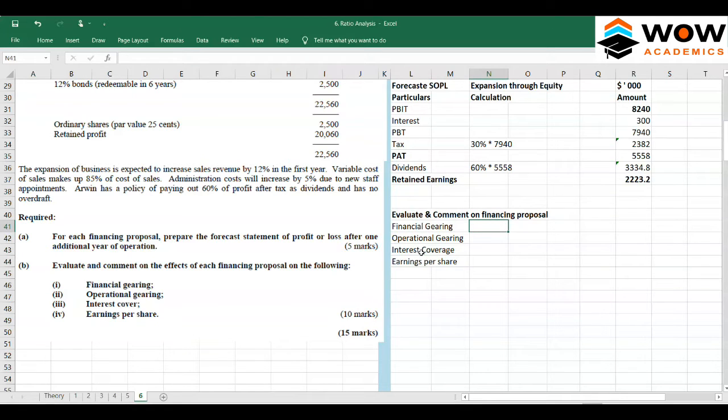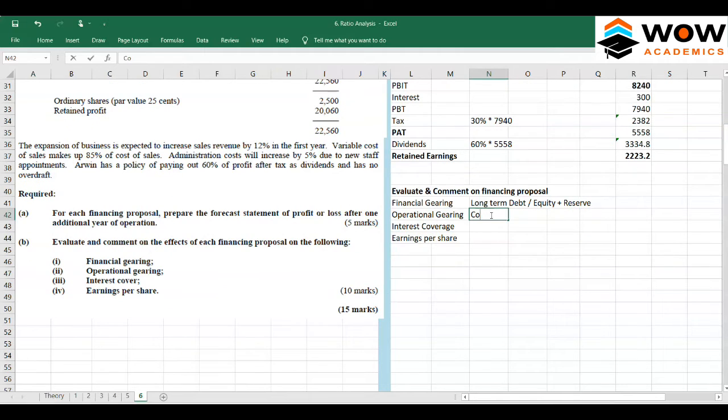Let's get the formula here. Financial gearing is very simple. It's long term debt divided by equity plus reserve. Operational gearing is again quite simple. It will be contribution divided by PBIT.